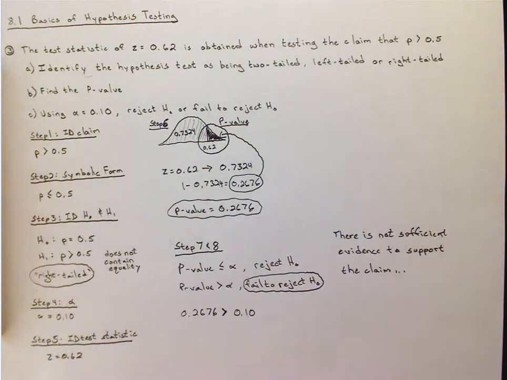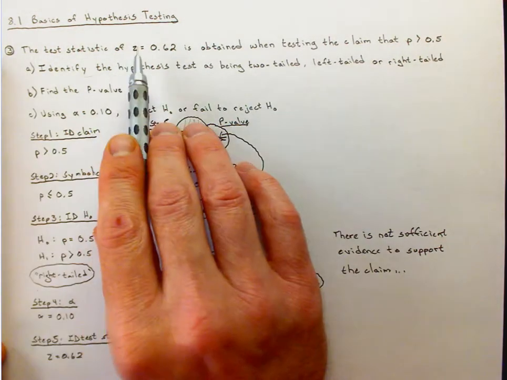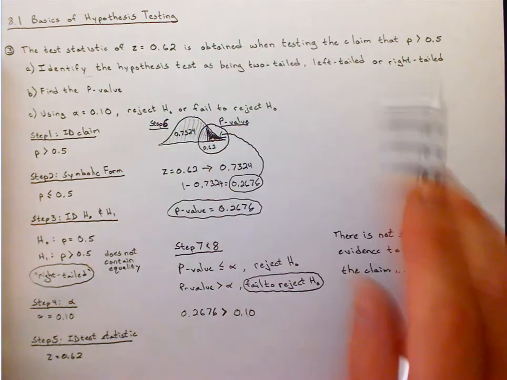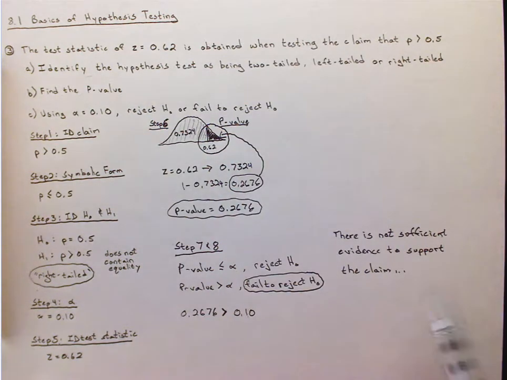We really don't have a definitive claim. This was just basic information, numeric values given to us. There's not really anything we can say, like we reject the claim that boys are born at a greater percent than girls or something. Okay, but fail to reject H naught.